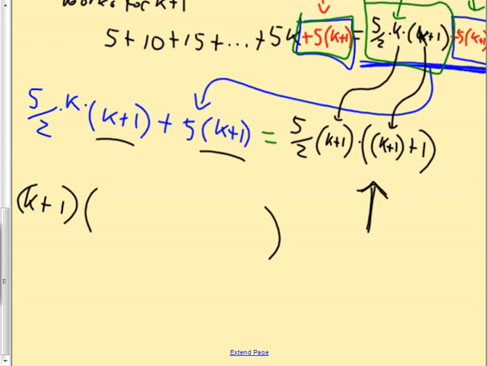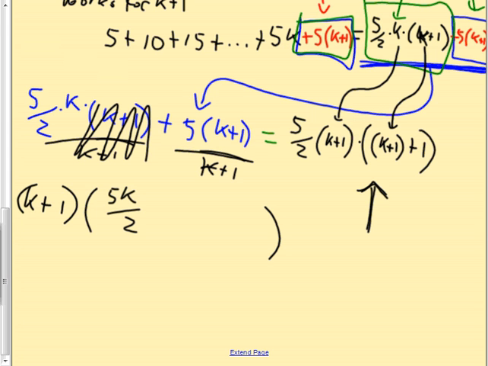Come on, you can do this. Effectively, I divided by k plus 1 here, and I divided by k plus 1 here. And so what? What's left? 5k over 2. Because see, this cancels.